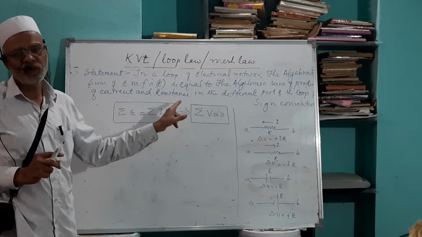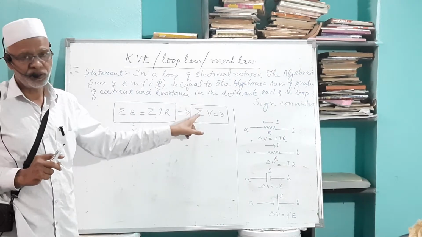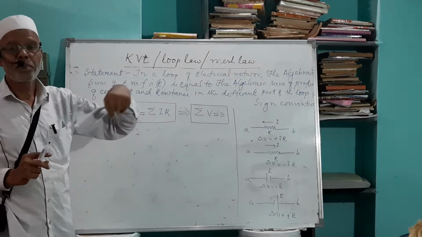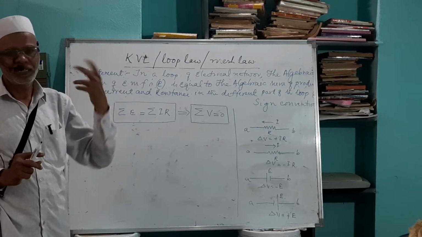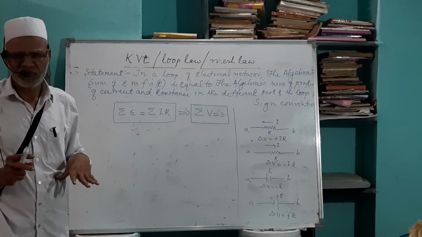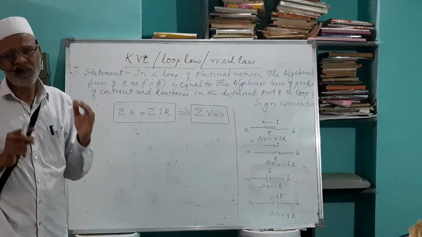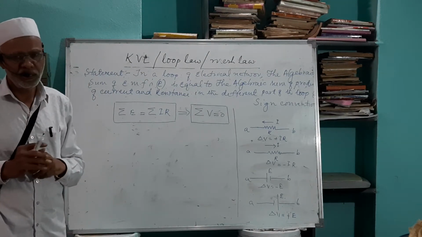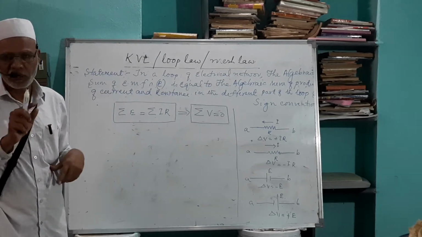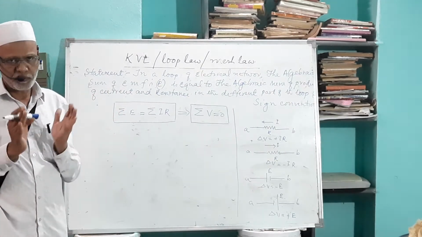That is I into R. So it is a product of current and resistance in the different parts of the loop. Say, for example, 4 branches are there. In each branch there is some amount of resistance. Since current is flowing, you will find 4 IR products in the whole closed circuit, so you have to add up the IR products.